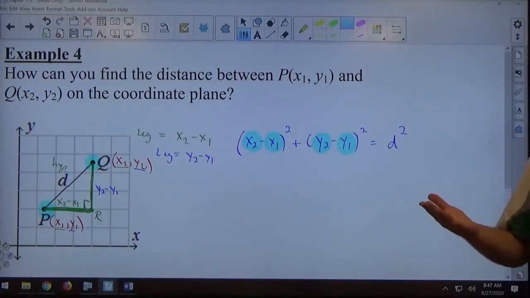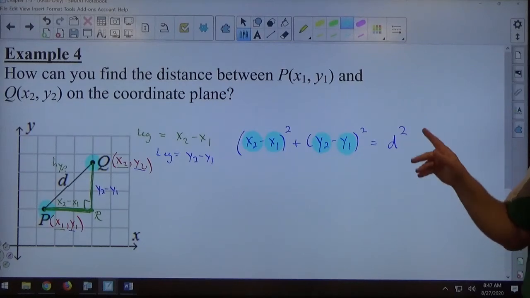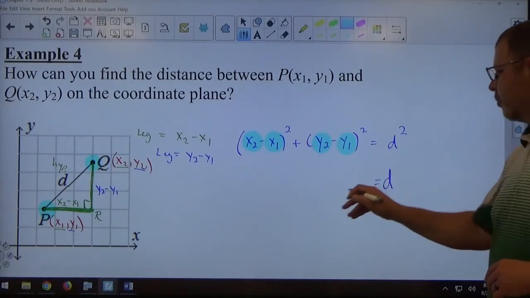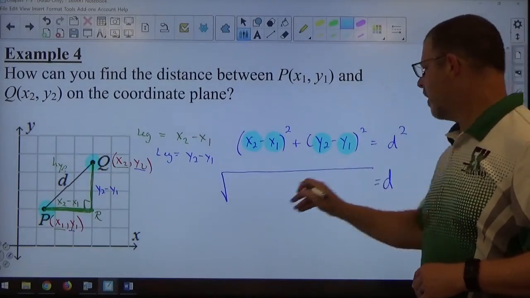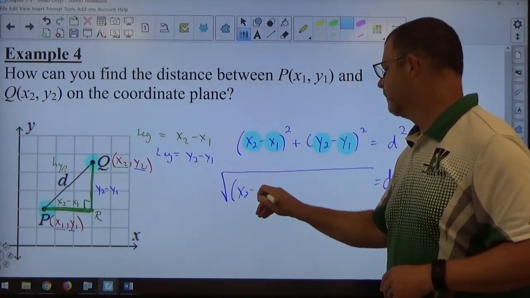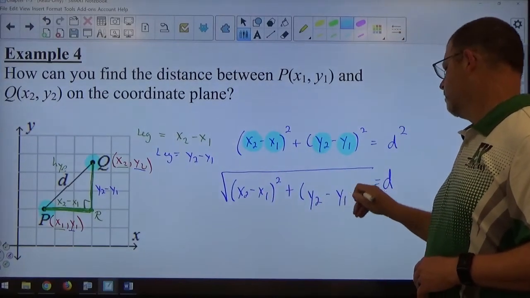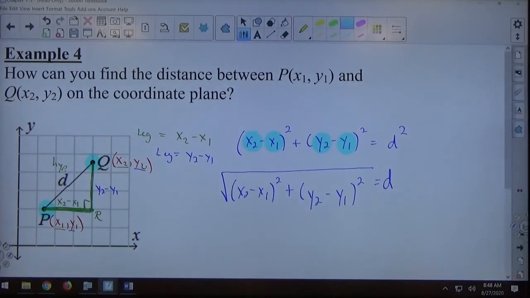So what I want to do is get a formula representing what D equals. So if D squared equals all that stuff, D is going to equal the square root of all that stuff. And that is the distance formula on the coordinate plane for the distance between any 2 points on the plane, no matter what those points are.